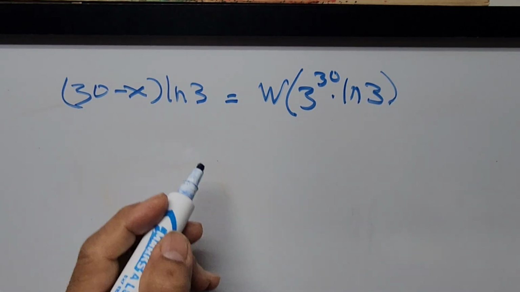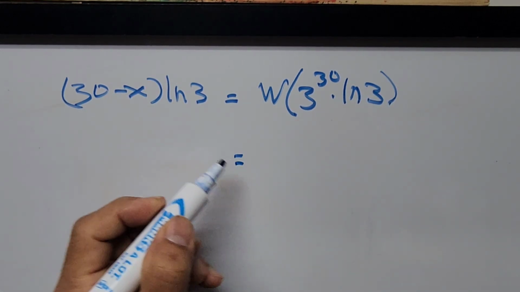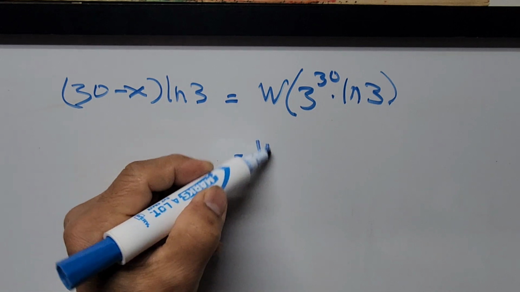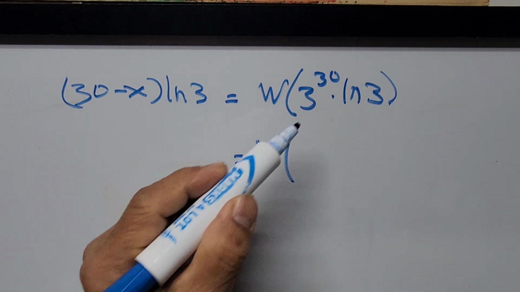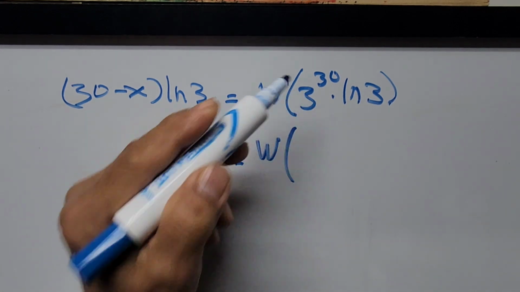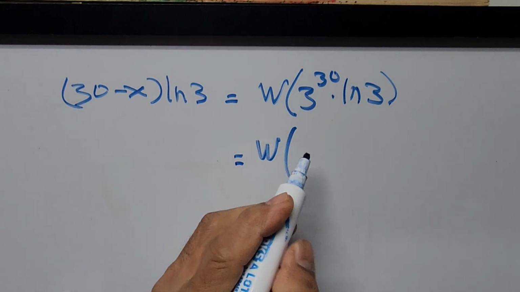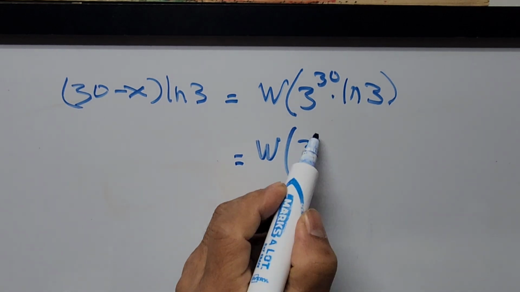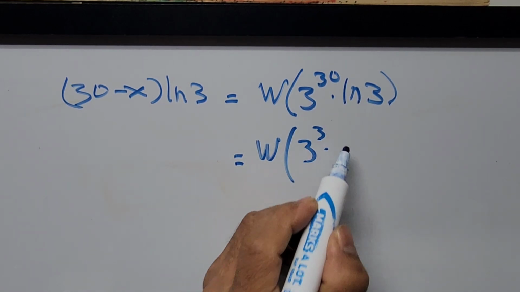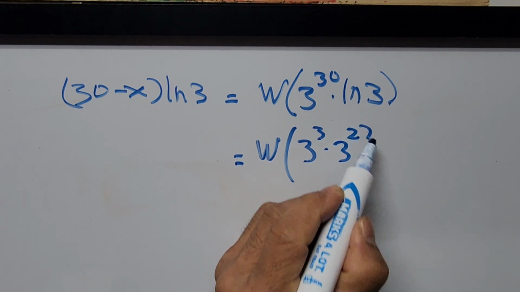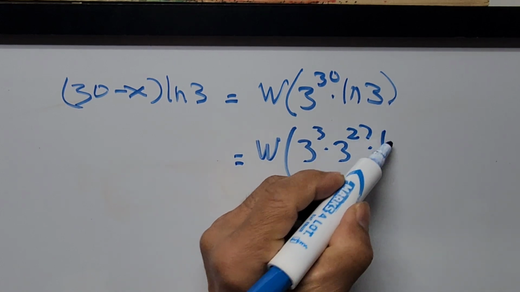The right-hand side can be simplified further as W times, here we're separating 3 to the power of 30, splitting that into 3 to the power of 3 and 3 to the power of 27 times natural logarithm of 3.